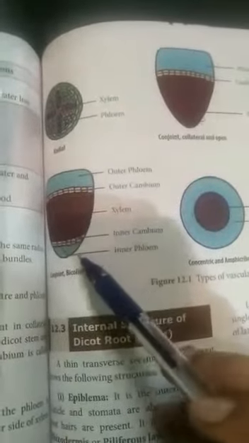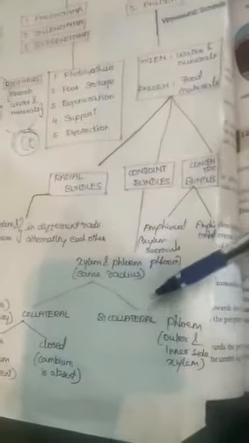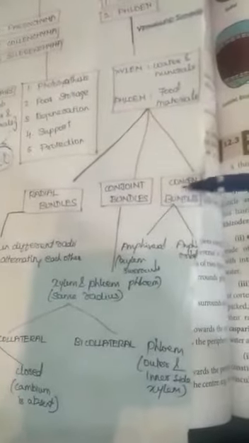Next, bicollateral. Bicollateral means phloem will be present in both outer and inner side of xylem. Just look at this diagram. Next one is concentric bundles.